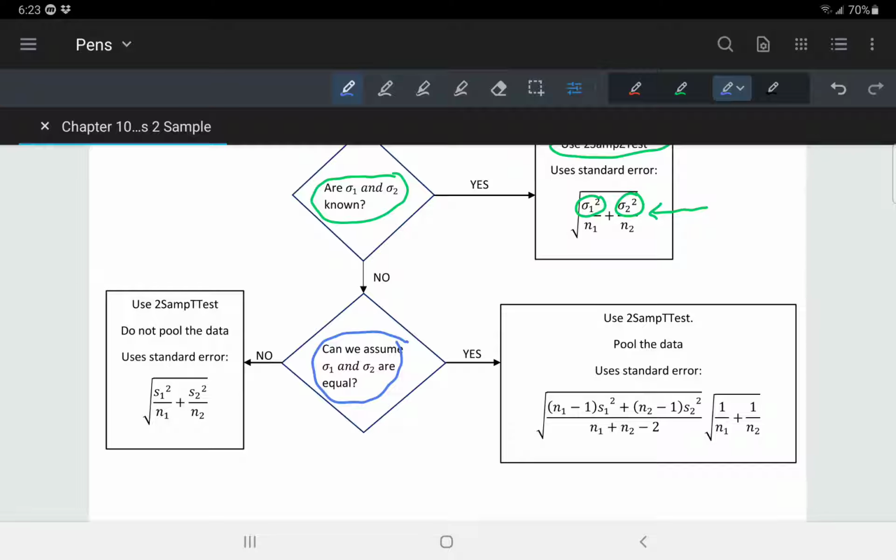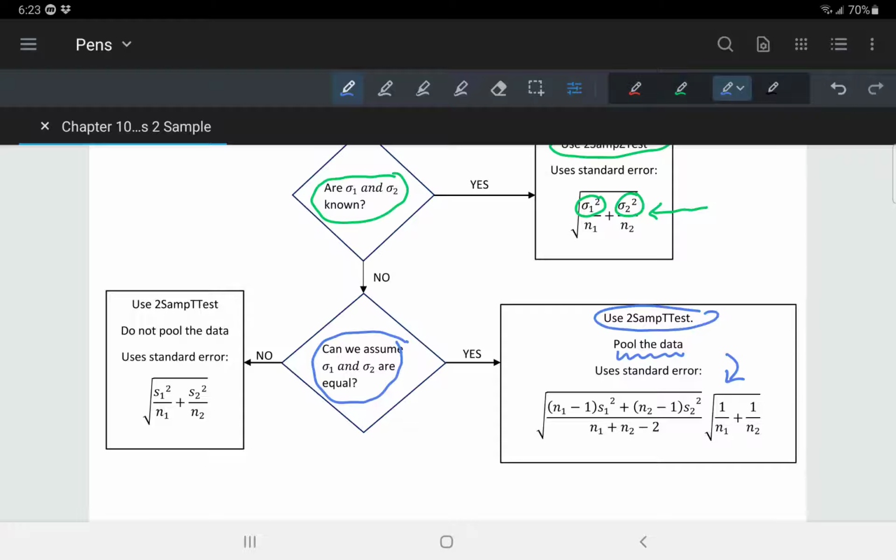Since we don't know sigma 1 and sigma 2, we're going to have to use the t-test in either of these answers. If we can assume the population proportions are exactly equal, we'll use the 2-sample t-test, but we will do something called pooling the data, and when you do that, the standard error changes into this more complex form.